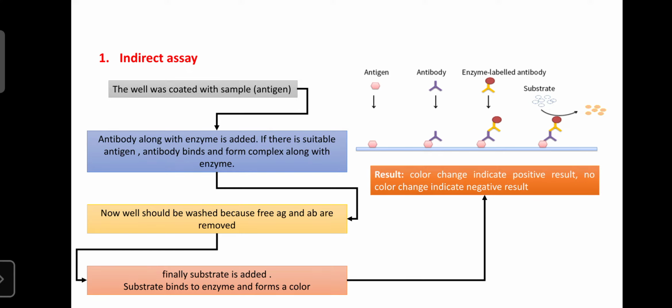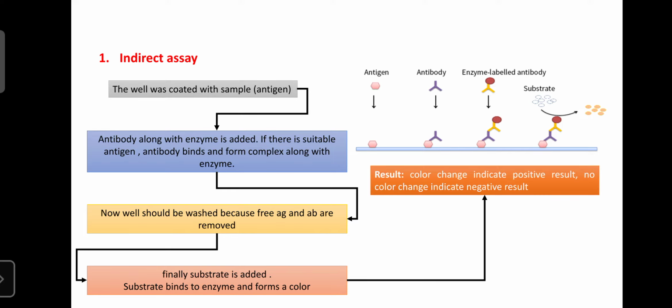In the same well we add the antibody along with the enzyme, and we wait a few minutes or a few hours. Then an antigen-antibody complex forms, and that antibody carries the enzyme. After that we wash to remove the free antigen that did not form a complex with the enzyme-containing antibodies, and also to remove the free antibodies.